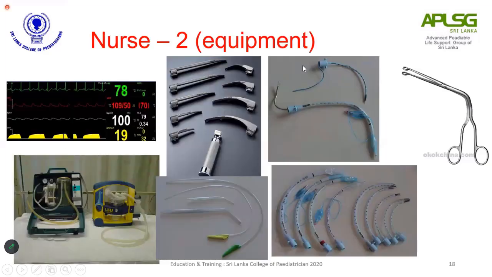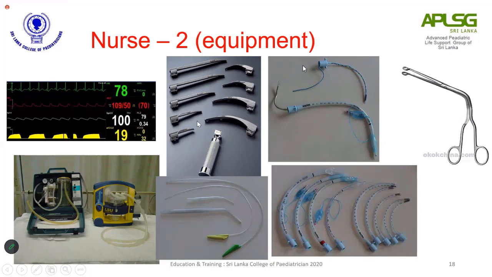The nurse who is in charge of equipment should make sure that all the equipment are functioning, with battery life or connected to the electricity, and you should have the laryngoscope in place.